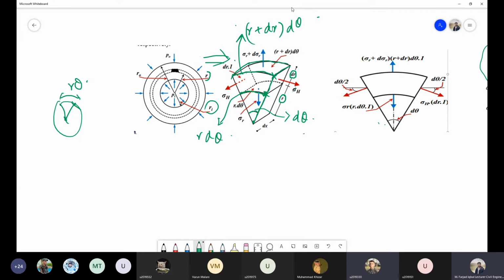We know that this length is r plus dr into d theta, and this length which is going inside is equal to dx. So the area will be r plus dr into d theta into dx, right? Since we are doing this calculation for unit thickness, we will take this dx equal to 1, and when I multiply it by 1, then the area of this particular surface will come out to be r plus dr into d theta.